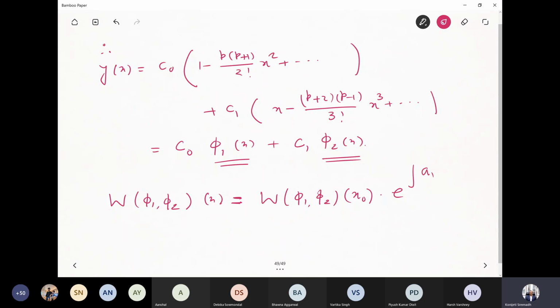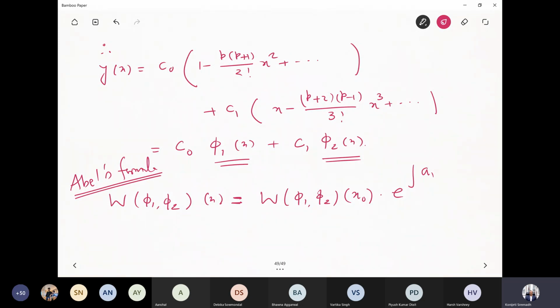You can try to prove this relation. This is called Abel's formula. It's not very difficult. You can see a basic book on second order equations.